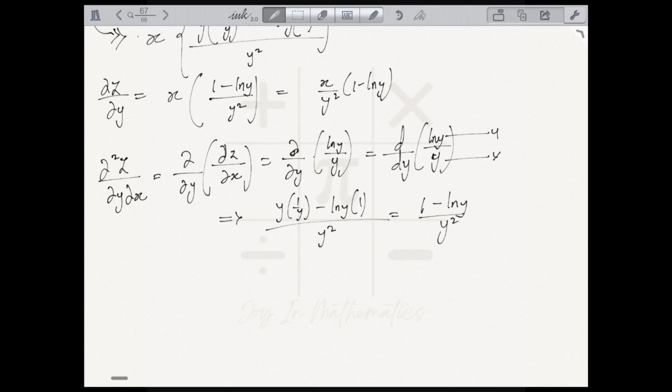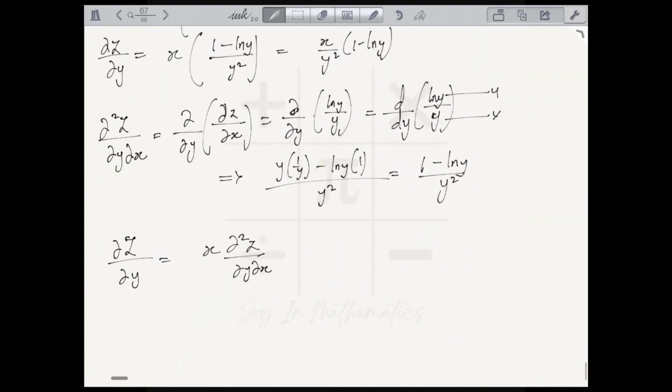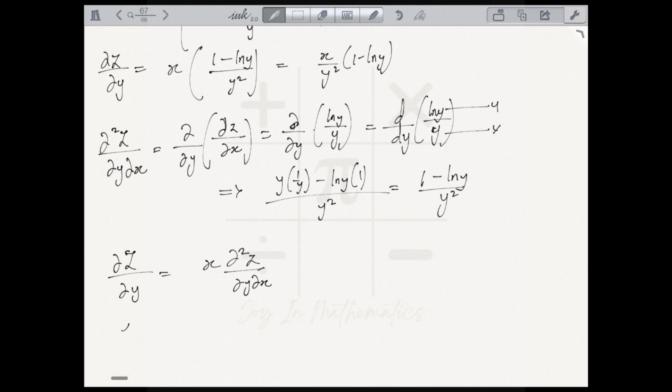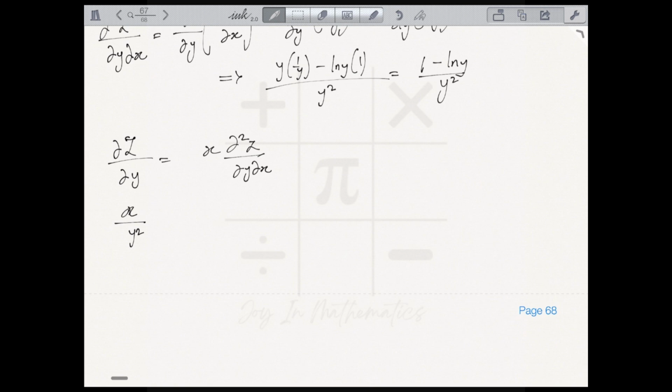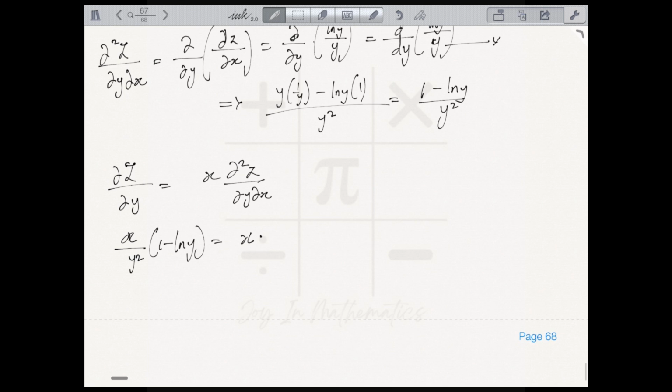Therefore, since we are asked to prove that ∂z/∂y is equal to x ∂²z/∂y∂x, our ∂z/∂y is this: x over y squared into 1 minus ln y, multiplied by x, is equal to x multiplied by our ∂²z/∂y∂x, which is 1 minus ln y divided by y squared.